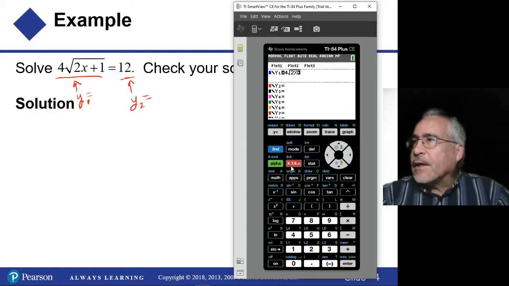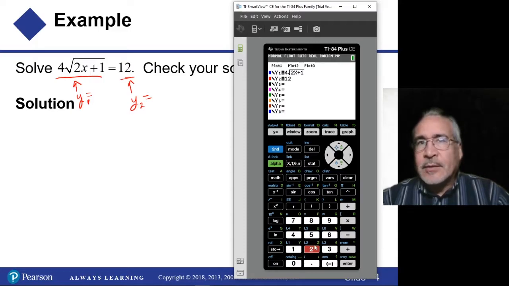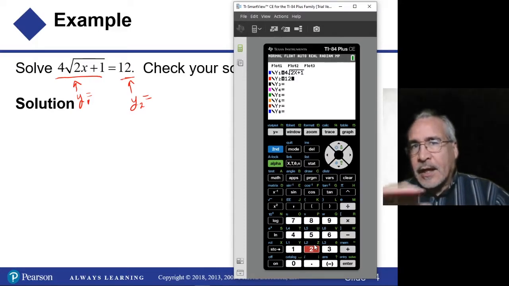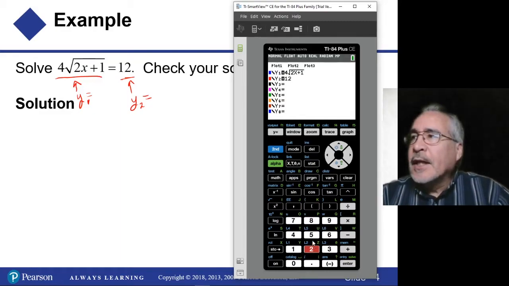Square root, 2x plus 1. And notice this is all inside the square root. I'll just hit enter, and now I'm down to y2. What I put in y2 is simply 12, the number 12. And when you only have a number, what you'll realize is you get a horizontal line. Y equals 12 is a horizontal line at y equals 12.